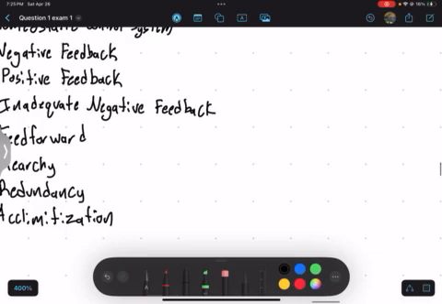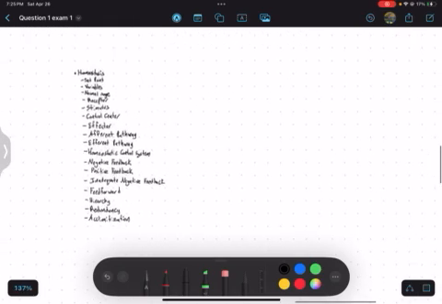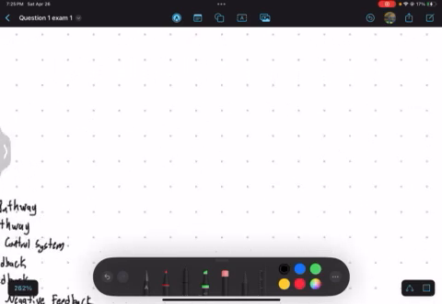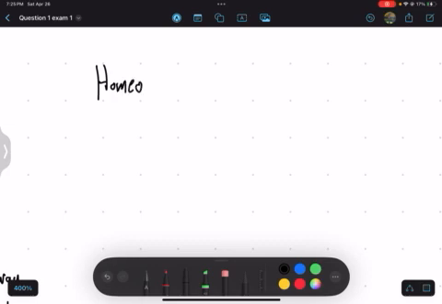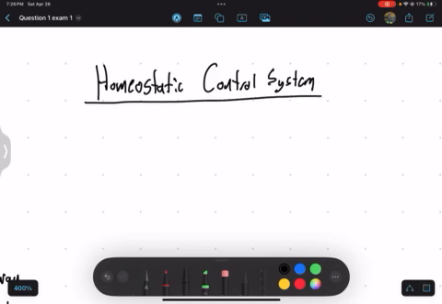So first things first, I'm going to touch on the homeostatic control system here. So this will deal with a stimulus.